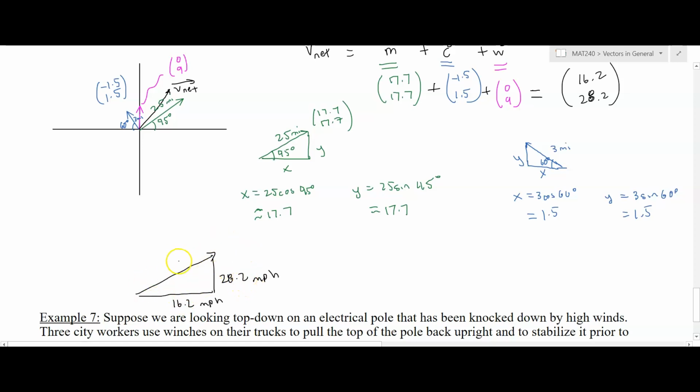And so then we can figure out the magnitude of VNet. The magnitude of VNet will be the square root of the sum of those components squared.